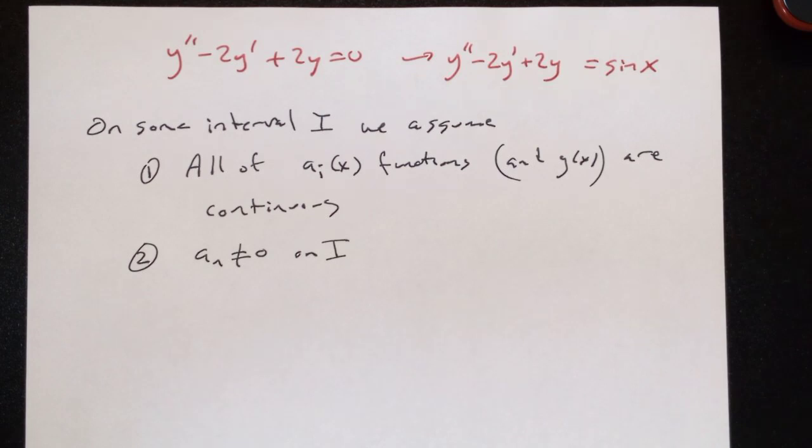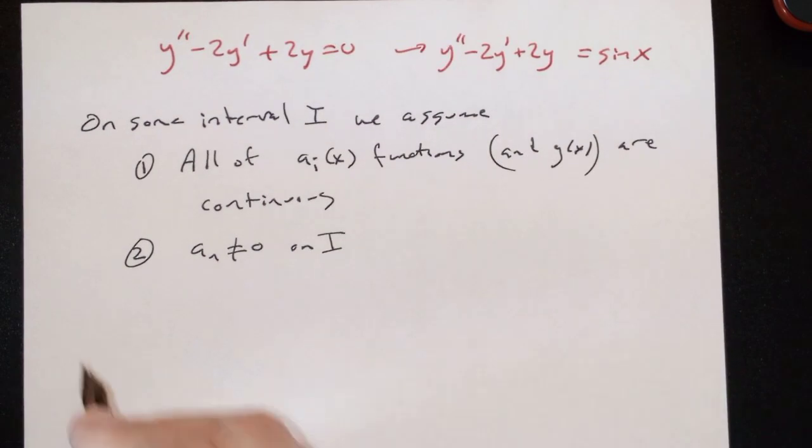Okay. I've been using y prime, y double prime, y triple prime, all of these things. I want to change my notation just a little. Well, what's our other notation for derivatives instead of y prime? The dy dx notation.